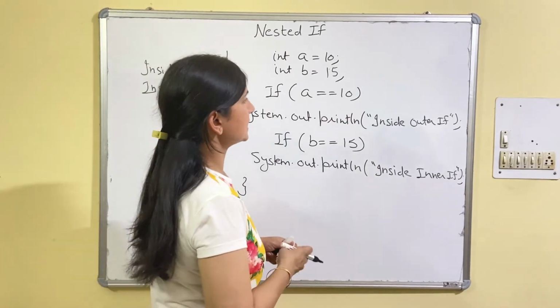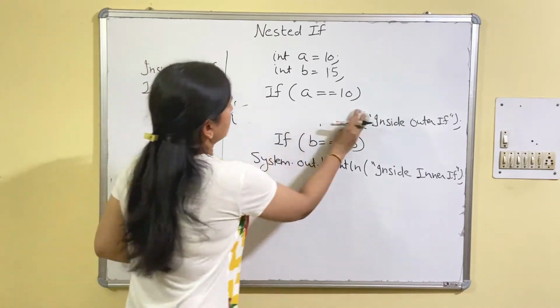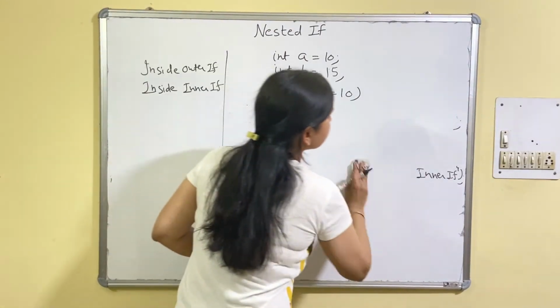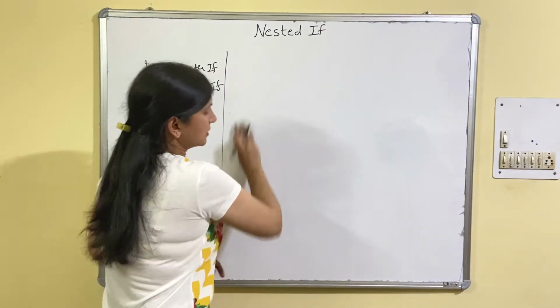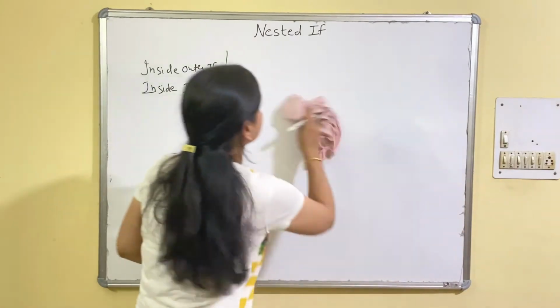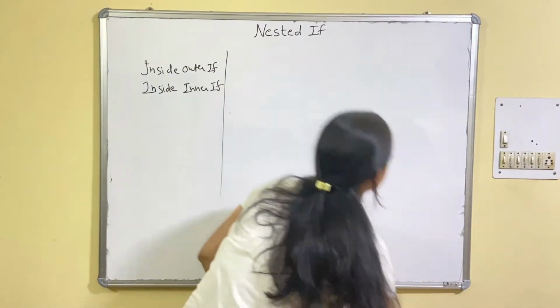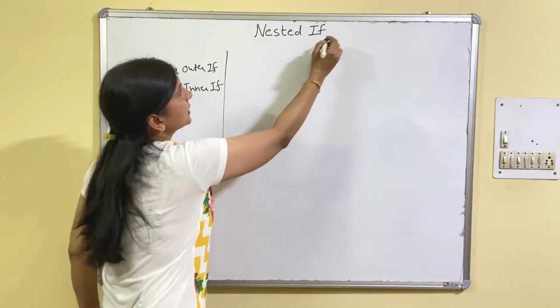Now we will see nested if else. First we will see the syntax of nested if else. So let's see. What is the syntax of nested if else?